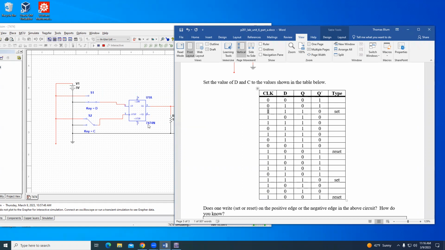So if I had a 7475 instead of a 7474, that input, instead of being called a clock, is called an enable. And then when enable is high, that's when you write. But that's not what's happening here. Because writing means that the Q, the output, is going to be equal to the data, the input. You're writing the data.